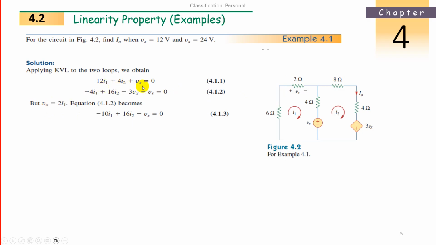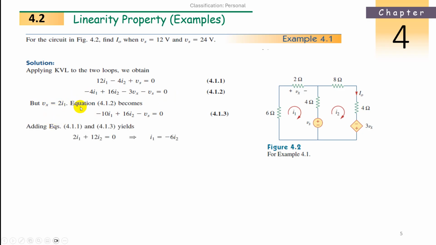Now substitute in terms of Vx in the second equation. So it will be 3 into 2 I1, 6 I1, minus 4 I1. How much? 10 I1. Now remaining 16 I2 minus Vs as it is, equal to 0. So like this, we rearrange the equation by substituting Vx equal to 2 I1.